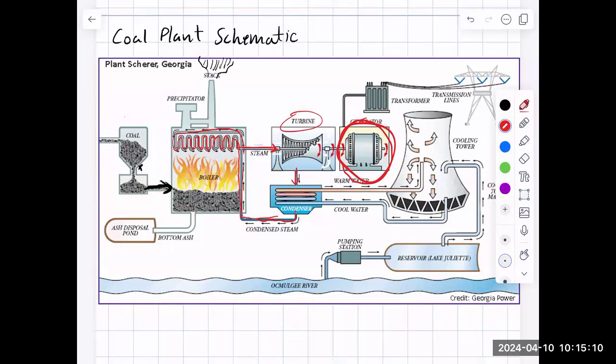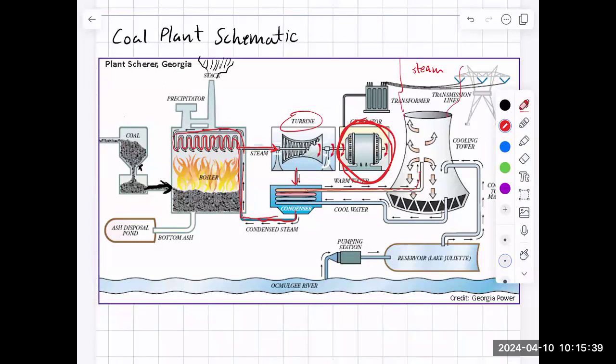So to cool that hot water, they take water from a reservoir and they run the steam through this region of space that has the cool water. And so the steam heats that cool water, and then that warm water ends up over here. And then you get a bunch of lower temperature steam coming out of this big stack.